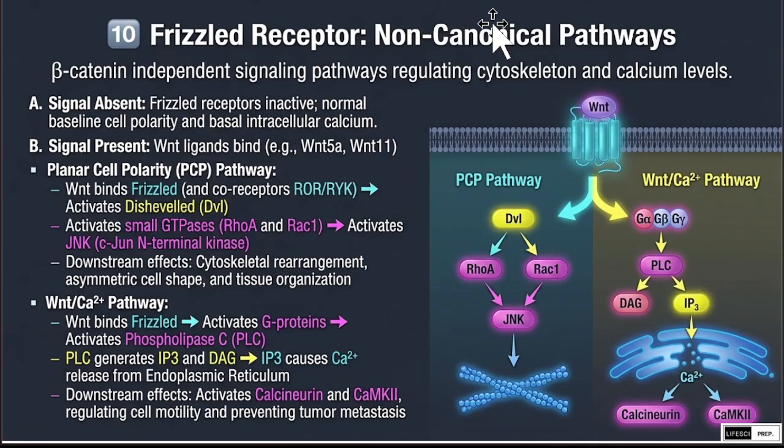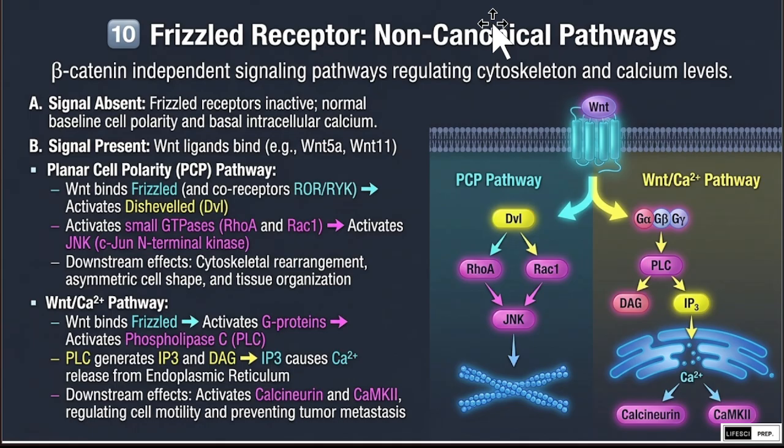Due to this, JNK is activated, that is c-Jun N-terminal kinase. After the activation of JNK, it acts as a downstream effector and activates cytoskeleton rearrangement, asymmetrical cell shape, and tissue organization.